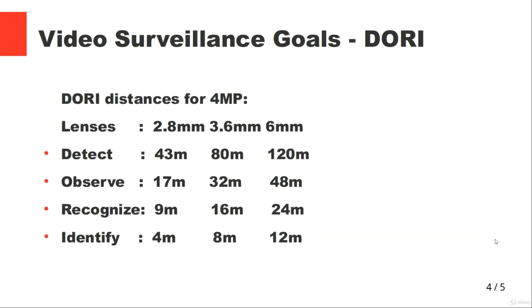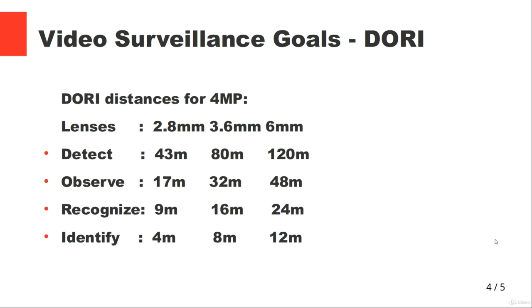There is an example here for a 4 megapixel camera. If you remember, we were talking about megapixels at different levels, so you will see exactly what the resolution, width and height is.